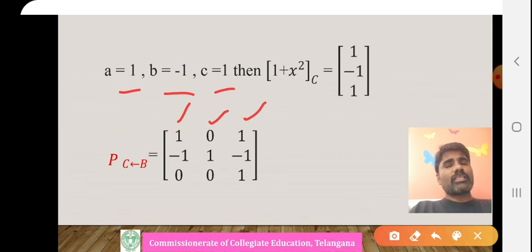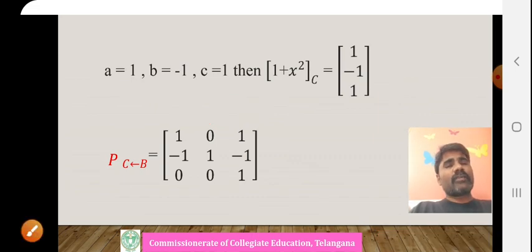Now how can we find the coordinate change matrix from C to B? By taking the inverse of this matrix. If the coordinates of an element in the vector space with respect to B are known, then the coordinates of the same element with respect to C are given by multiplying this matrix with the coordinate vector of the element with respect to B. This is the process to find the coordinate change of a basis.